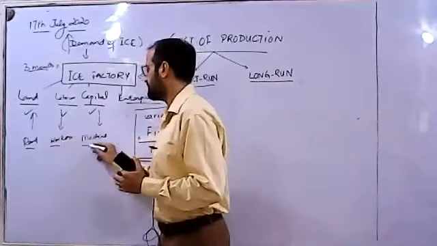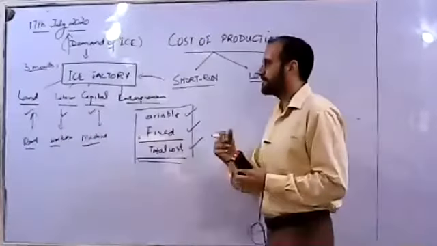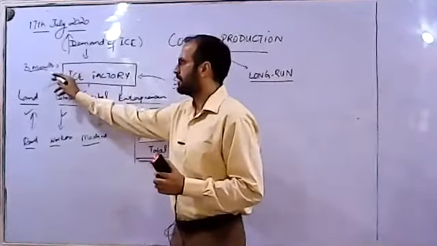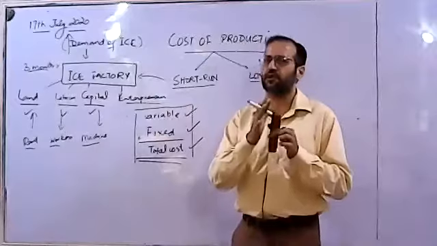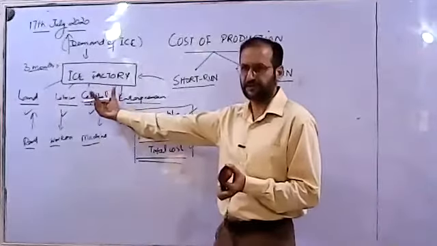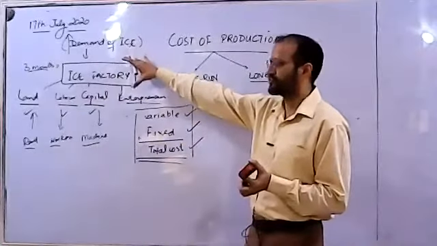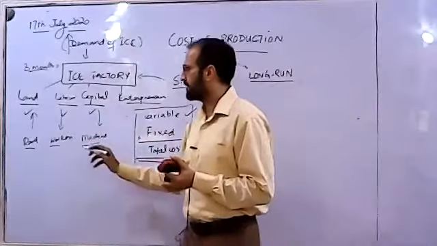Now let's see if this decision is right. Do you think that this decision is okay? Okay, now let's suppose after 3 months, you have 9 remaining months in which your factory is closed, because it's a short run production function. It's a short run industry, it's a short run firm. So what will happen for the remaining 9 months?